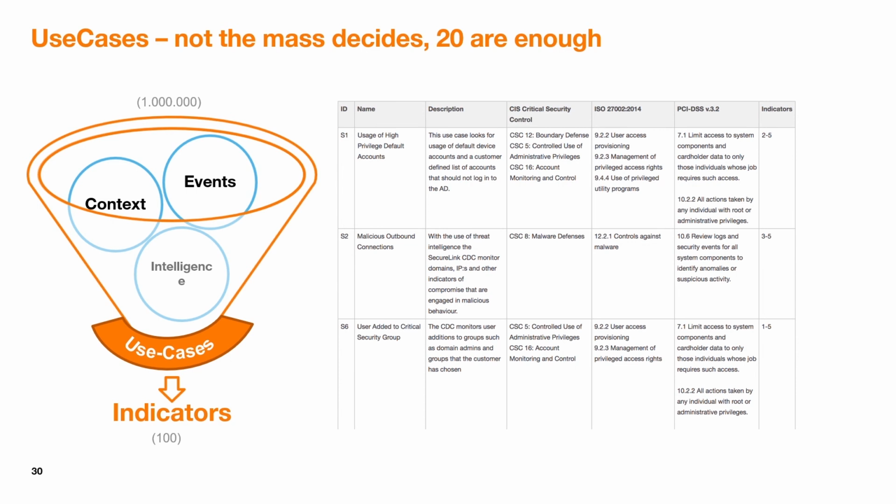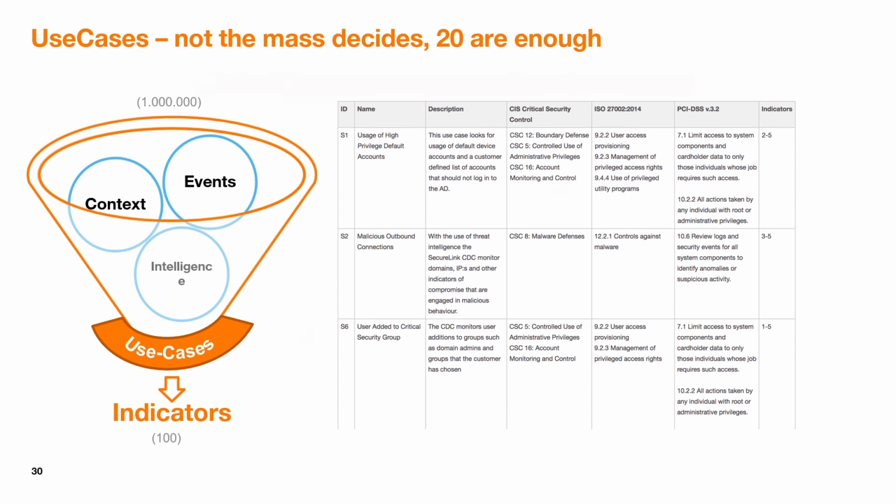So you don't have to monitor all those millions or thousands of events. You just have to monitor those indicators, and then they can drive you to the right use case and the right runbook to act on. So that's a short description of those four dimensions of a SOC.